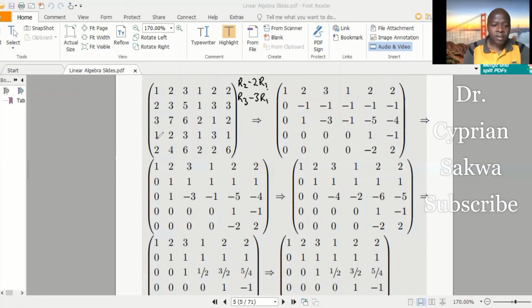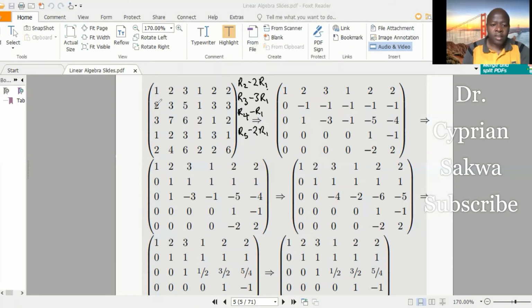Then I need a 0 in this position in row 4. I took just row 4 minus row 1. And then to get a 0 in this position in row 5, I took the current row 5 minus 2 row 1. So these are the row operations I want to carry out to reduce this matrix to echelon form.